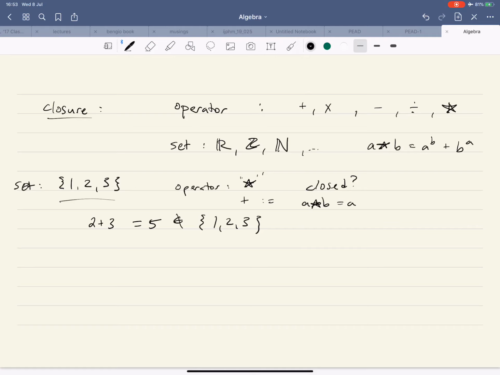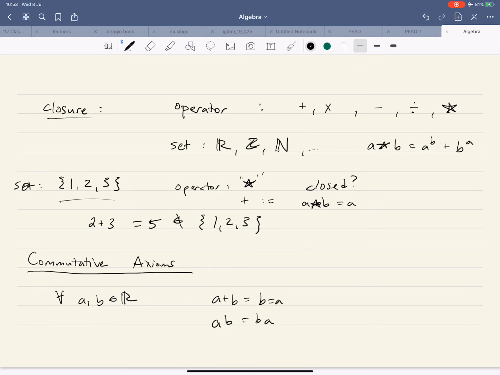Okay, the next set of axioms that we're going to talk about are the commutative axioms. And these are pretty simple. They just say that for all real numbers a and b, a plus b equals b plus a, and a times b equals b times a. It doesn't matter what order I write these two inputs in.